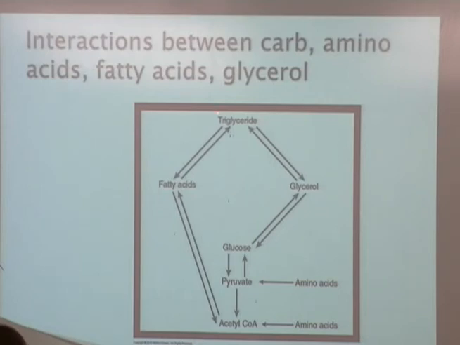All right, here's my stored fat. So I'm in an adipose cell. I have stored triglyceride. I've got the enzyme lipase available to break that triglyceride down into fatty acids and glycerol. And then I'm going to turn the fatty acids into acetyl-CoA, and I'm going to use it for aerobic metabolism to create ATP.